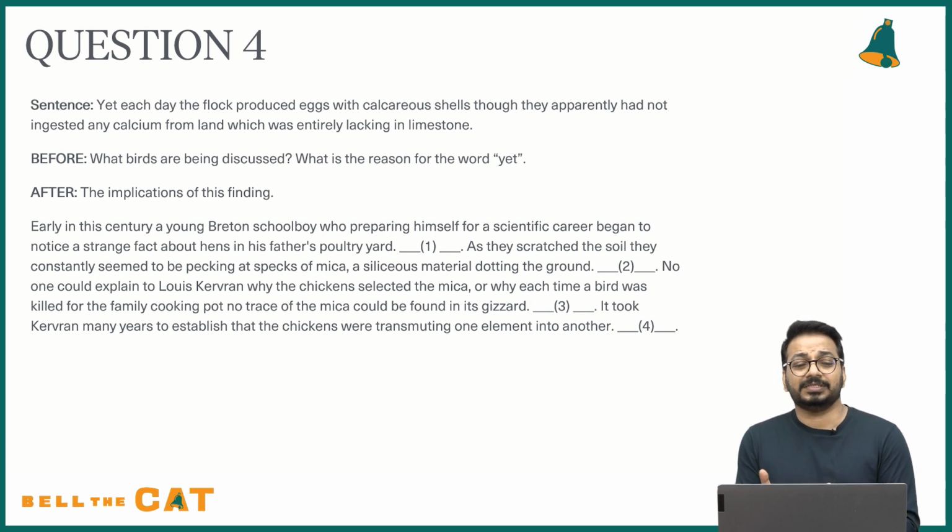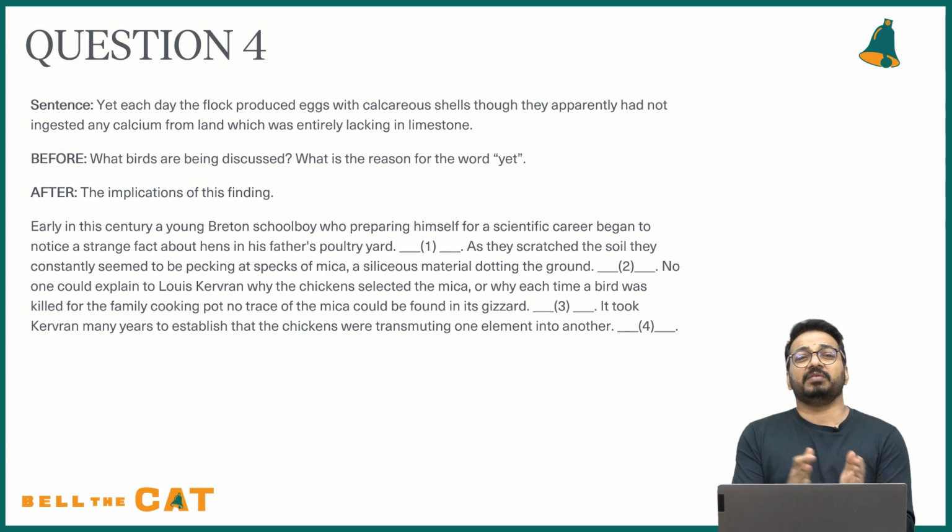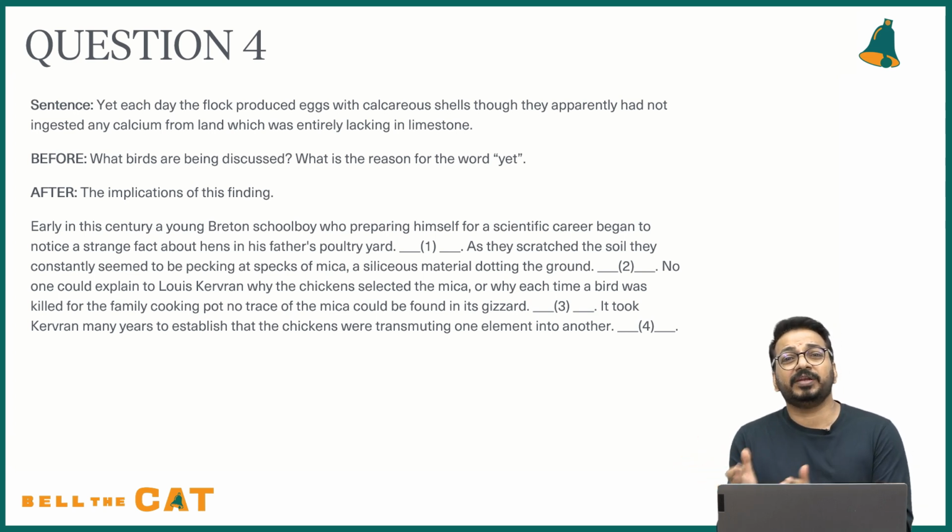Mica is not there in the gizzard, yet each day the hens are producing eggs with calcium in their shells. Apparently they're not having any calcium. How is this happening? This explanation is coming in the next sentence. It took Kevran many years to establish that chickens were transmuting one element into the other. So the explanation for the finding or the implication, the after, is also clearly there, which is why the best position for this is option 3.